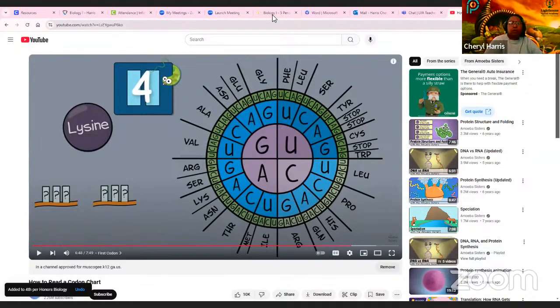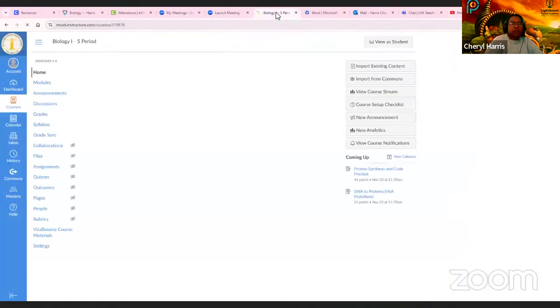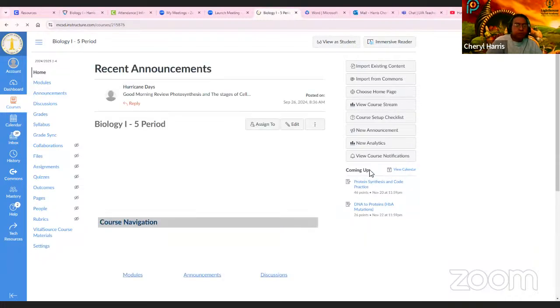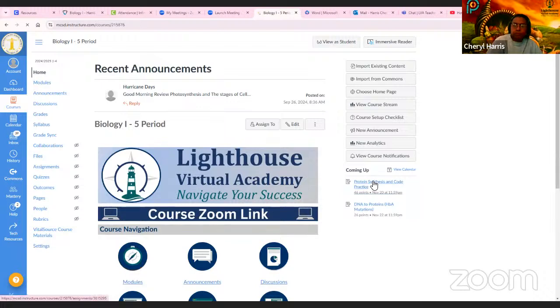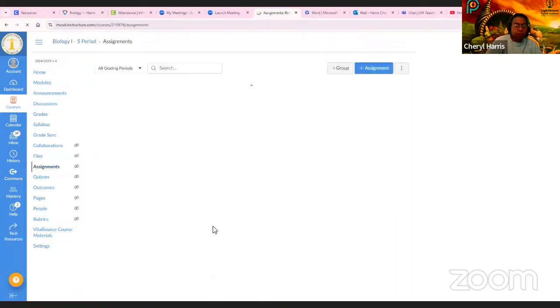All right, but what I want you to look at are the worksheets. So you had a worksheet 1 with the protein synthesis code. And let me do it this way, because if I do it the other way, it's going to pull up the grade book, and I don't want it to do that. Actually, if I did it in student view, that would have been better.